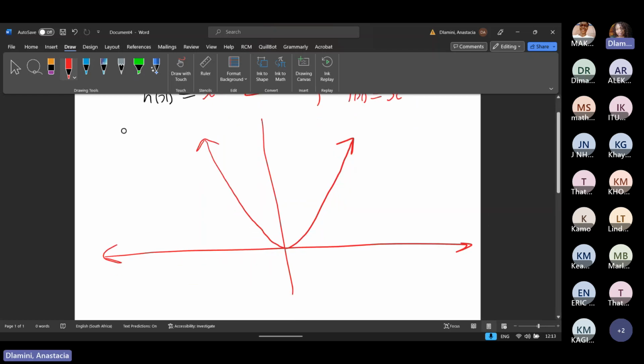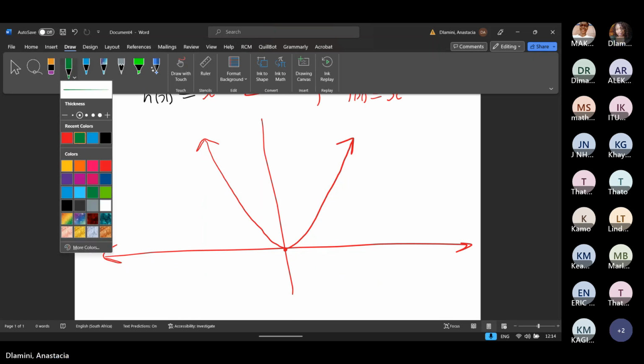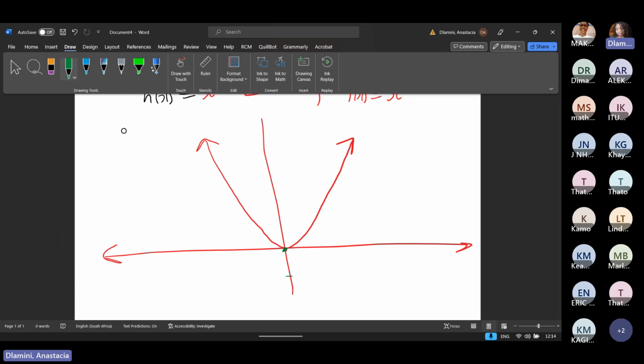2 units downwards. So we know that this point, let me choose a different color, will come here. Let's say this was 2. That point will come 2 units downward. Like every point in that graph will do what? Will come 2 units downward.